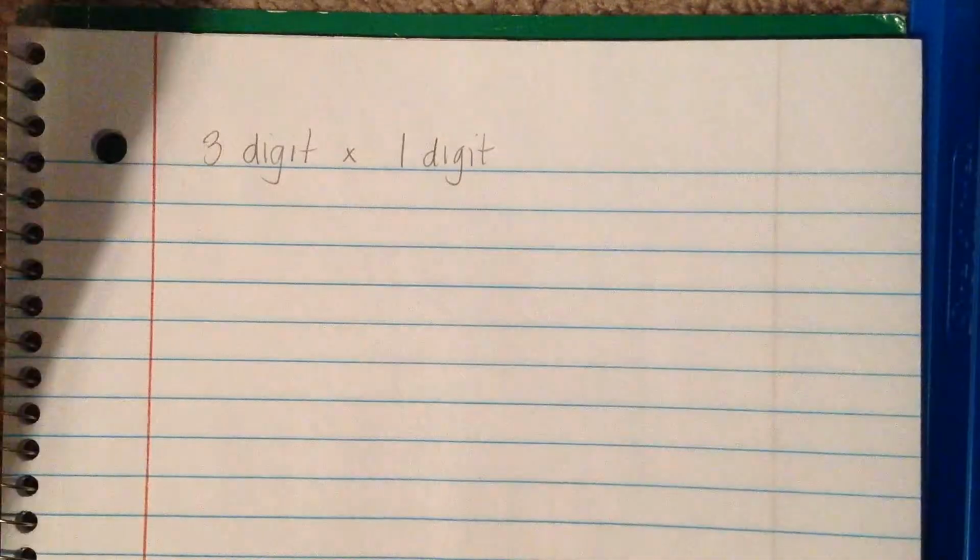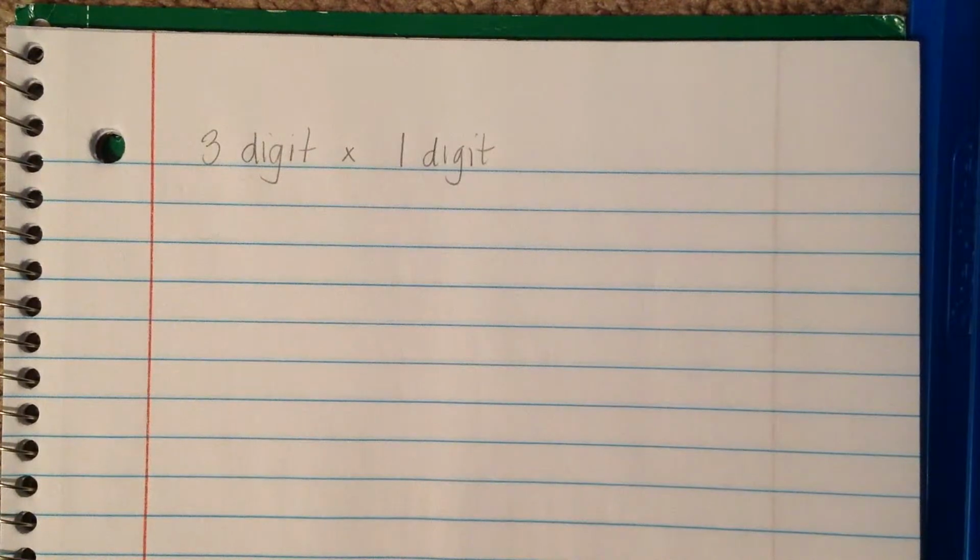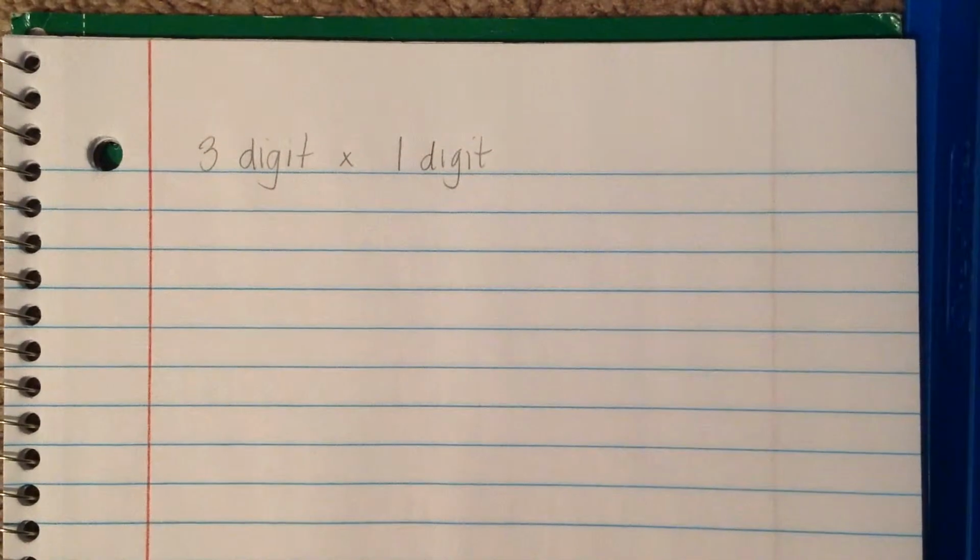For this video, we're going to multiply 3-digit by 1-digit multiplication. We're going to take one problem and show that 3-digit multiplication using all 5 methods that we have learned thus far.